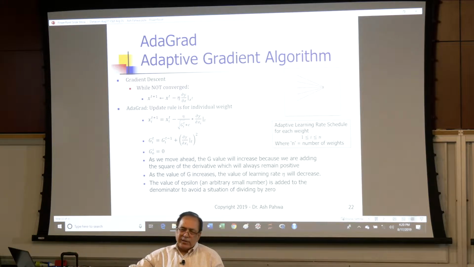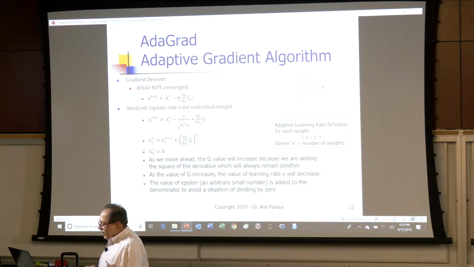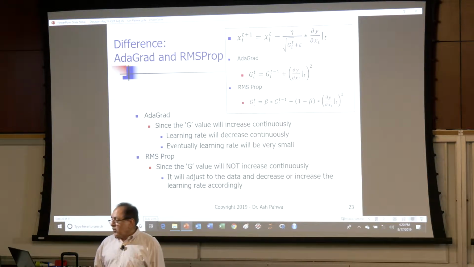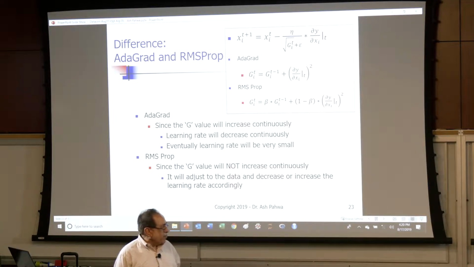It is never even going to reach there. The value of g is going to increase so much that if eta becomes 0, I cannot move forward. To solve this problem, another solution was proposed, which is called RMS Prop.